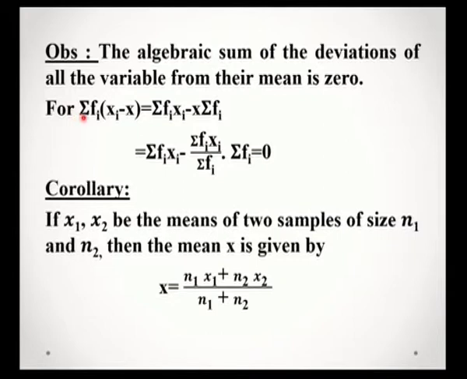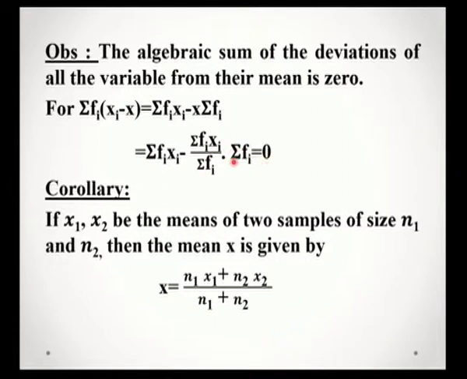That is, summation of fi into xi minus the arithmetic mean is equal to sum of fi xi minus x arithmetic mean into sum of fi, which is equal to sum of fi xi minus sum of fi xi over summation of fi into summation of fi, which is equal to 0.